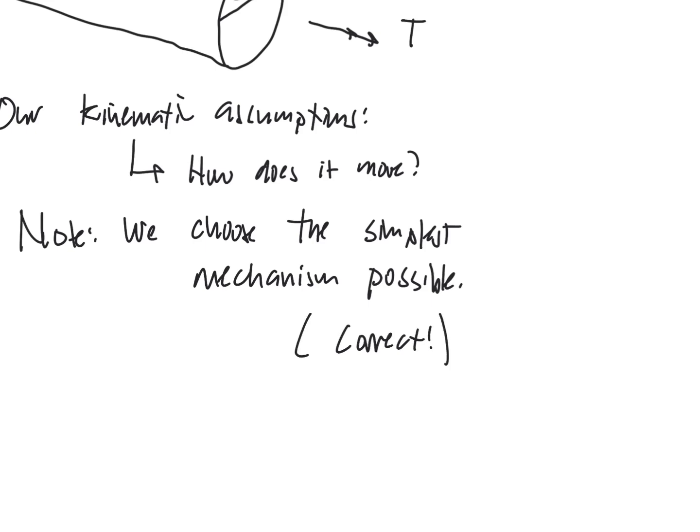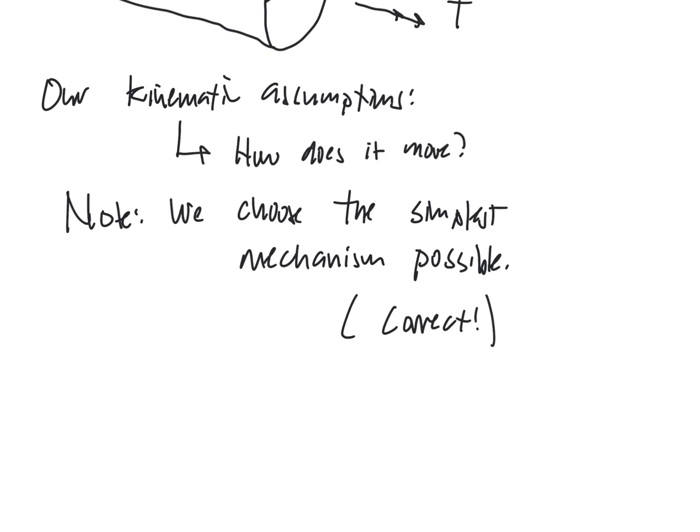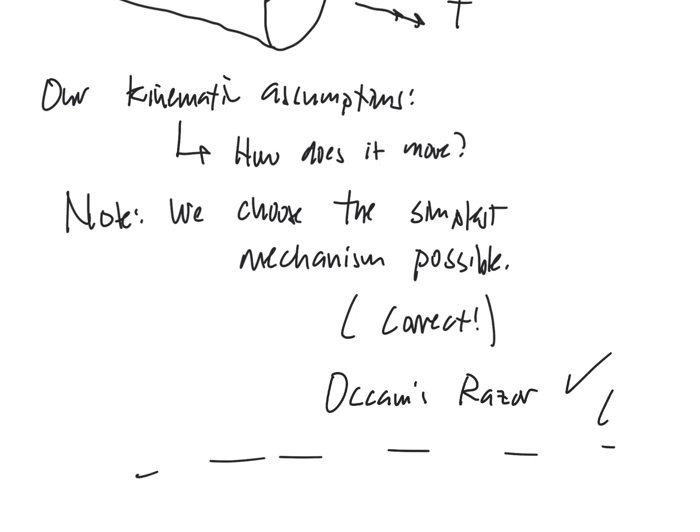We may assume that there's a simple mechanism that explains something, but it turns out not to be the case. If you've taken a class in philosophy, you may have come across something called Occam's razor. It says if there's a number of competing explanations for something that happened, the simplest one is almost always correct. So this is going to be an Occam's razor type of deformation, and we'll state what that was in part 2.